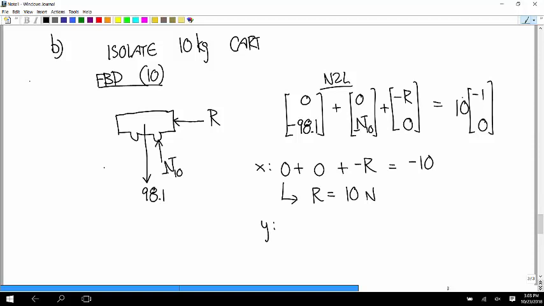The y equation doesn't give us anything that we're looking for in this problem, but it says negative 98.1 plus N10 is equal to 0.